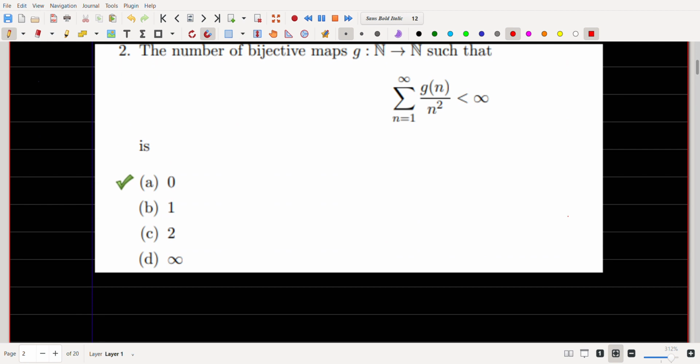This is a very nice problem. The number of bijective maps G from N to N such that the sum of G of n by n square is less than infinity. So basically the summation of Gn by n square is convergent, right?